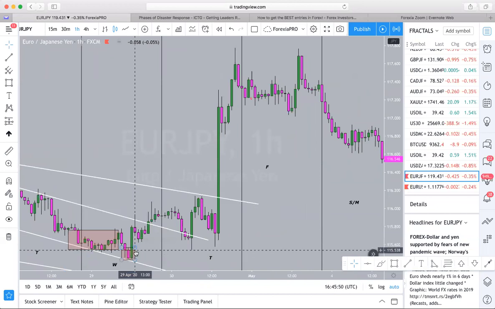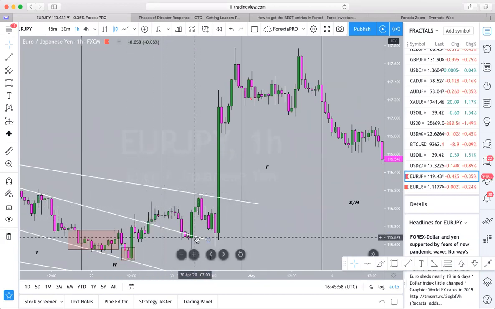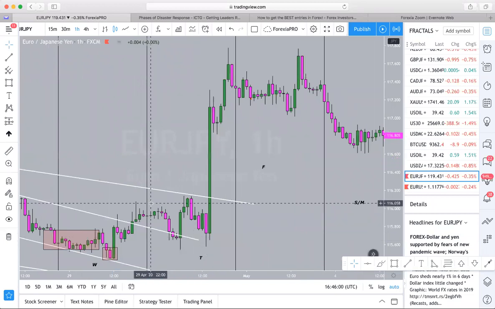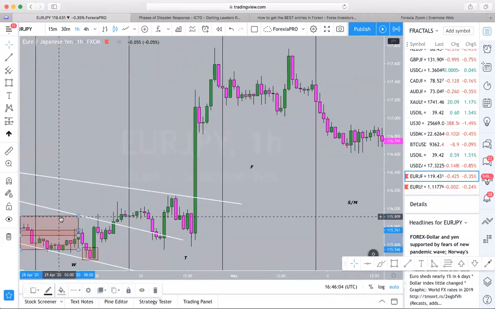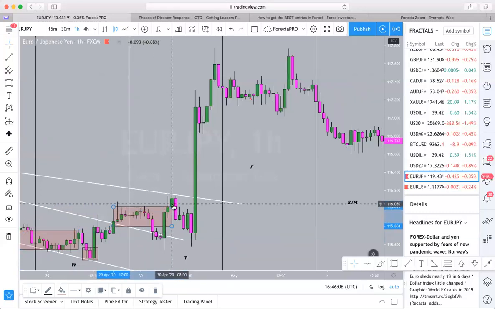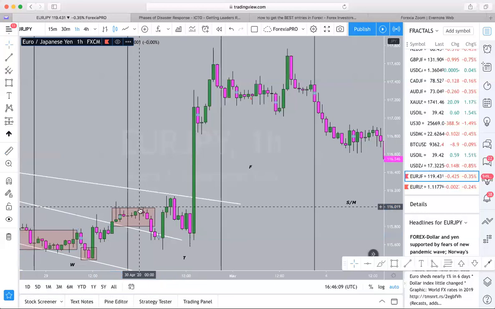So if you don't trade New York session, if you didn't get in there, they gave you another opportunity the next day. Once again, perfect Asian consolidation.